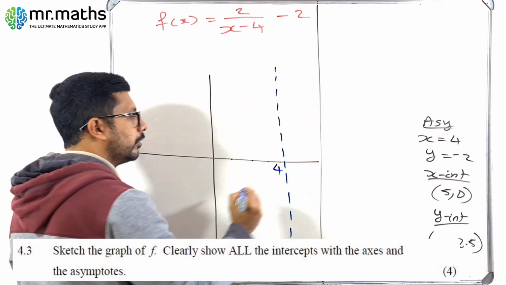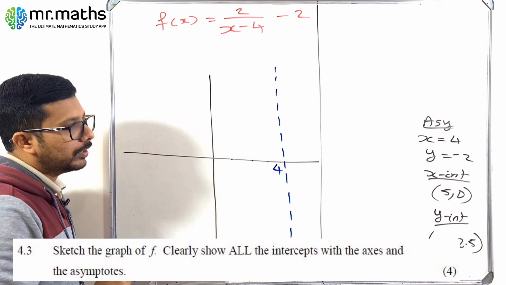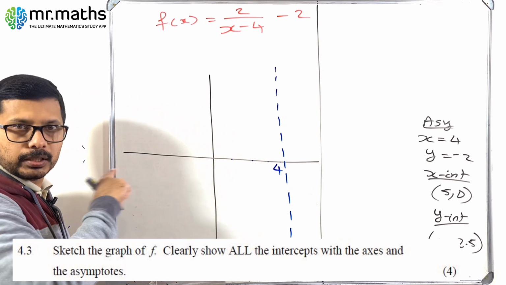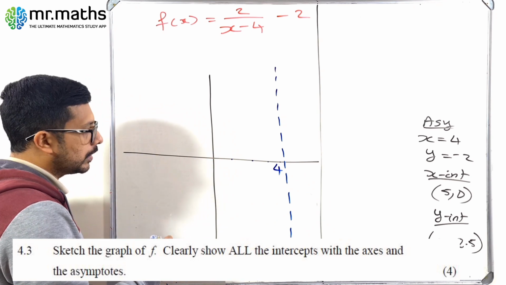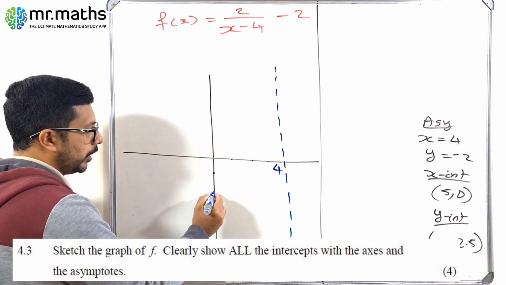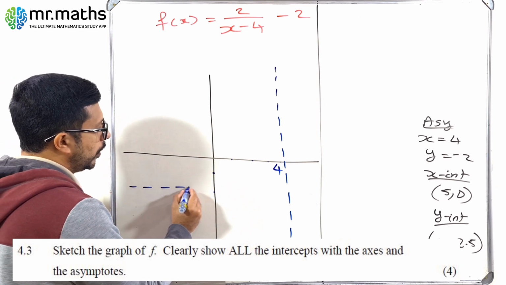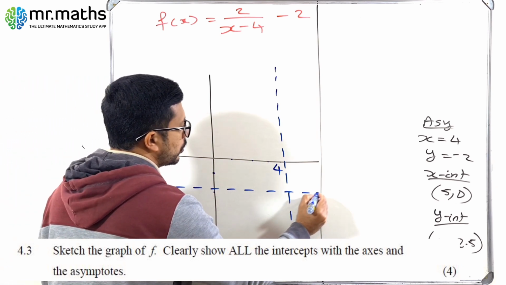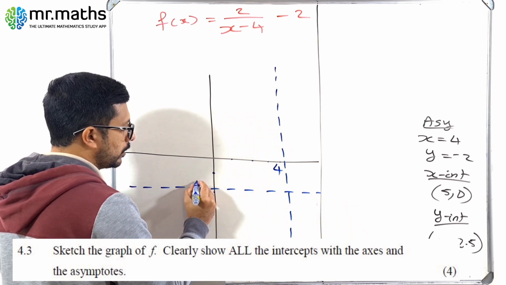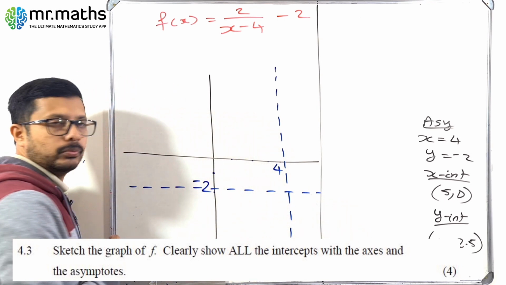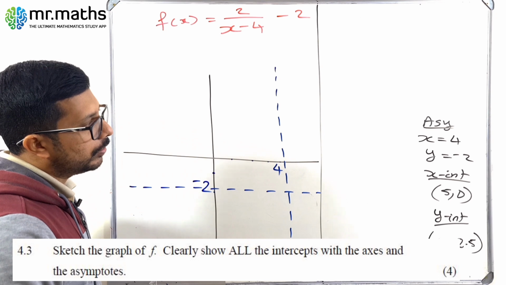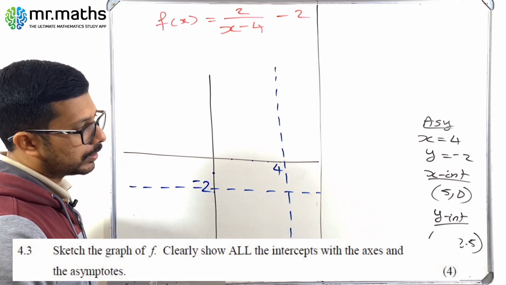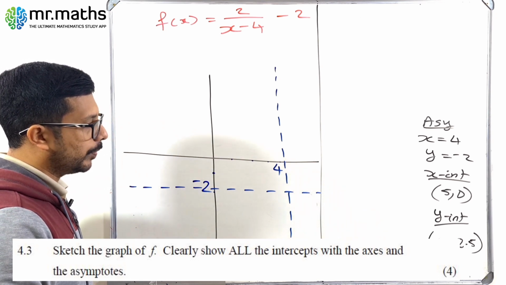You have to mark it as 4. And the second asymptote, the horizontal asymptote, is y is equal to minus 2. This is the y is equal to minus 2 asymptote. You have to write it here as minus 2. Now, what are the x-intercept and y-intercept? The x-intercept is 5 comma 0.